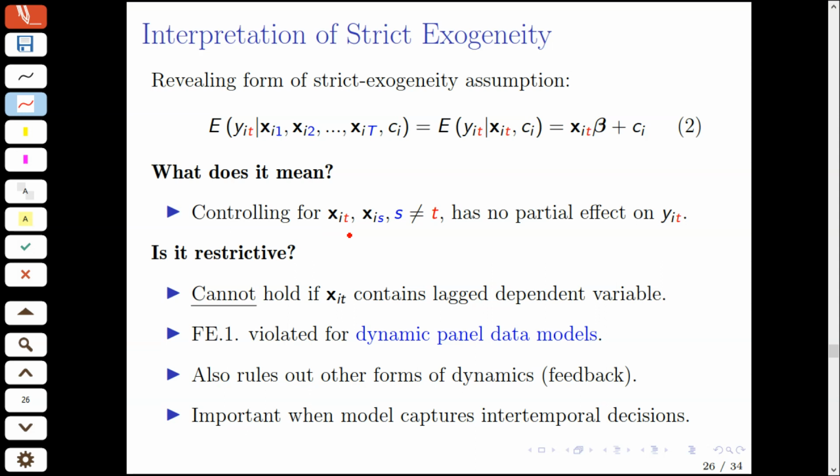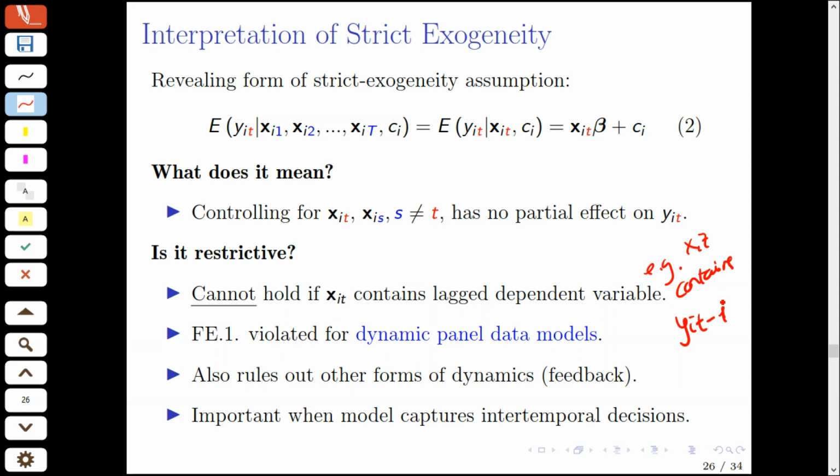So that's the interpretation. Is it restrictive, you may ask? Well, as we'll show later on, this assumption, that is, the assumption of strict exogeneity, cannot hold if the regressors contained lagged dependent variables. For example, if x_it contains the outcome from a previous period, such as the one right before.